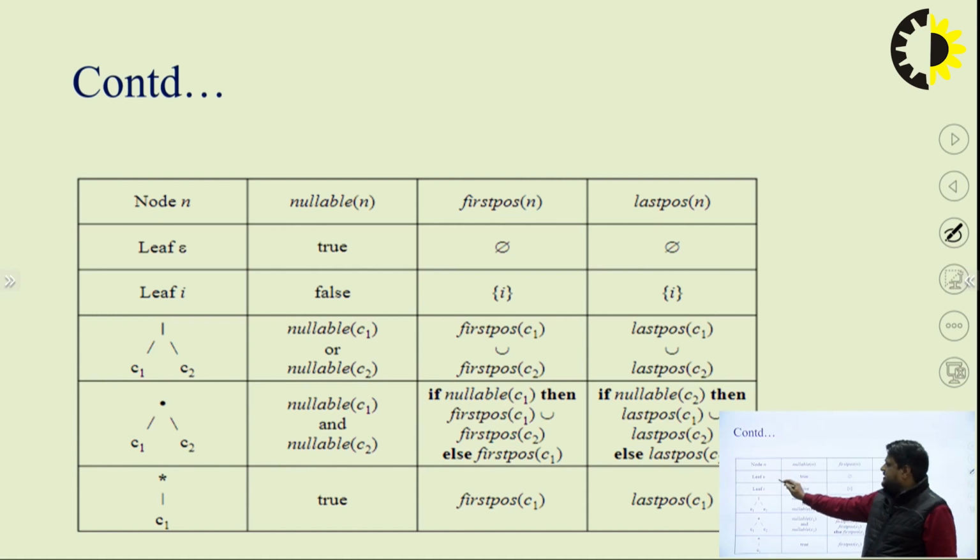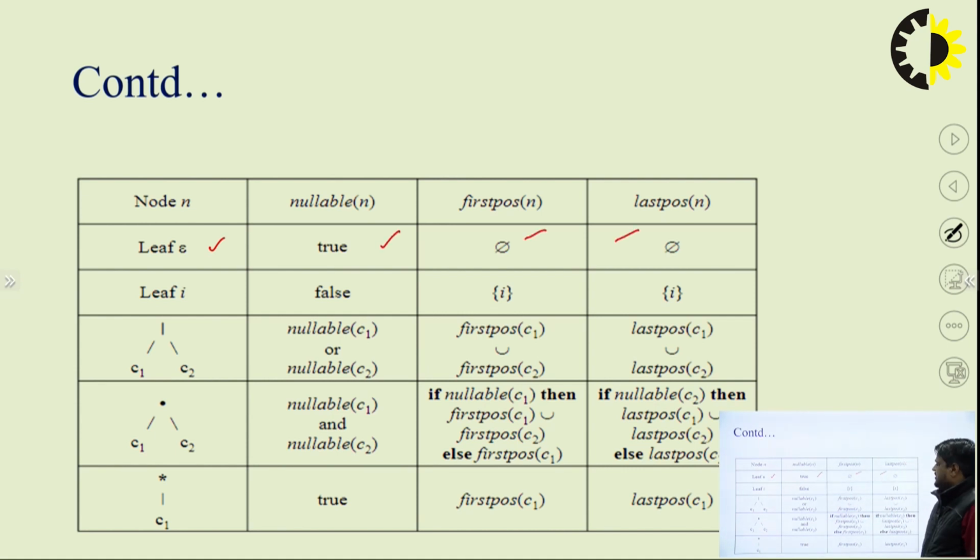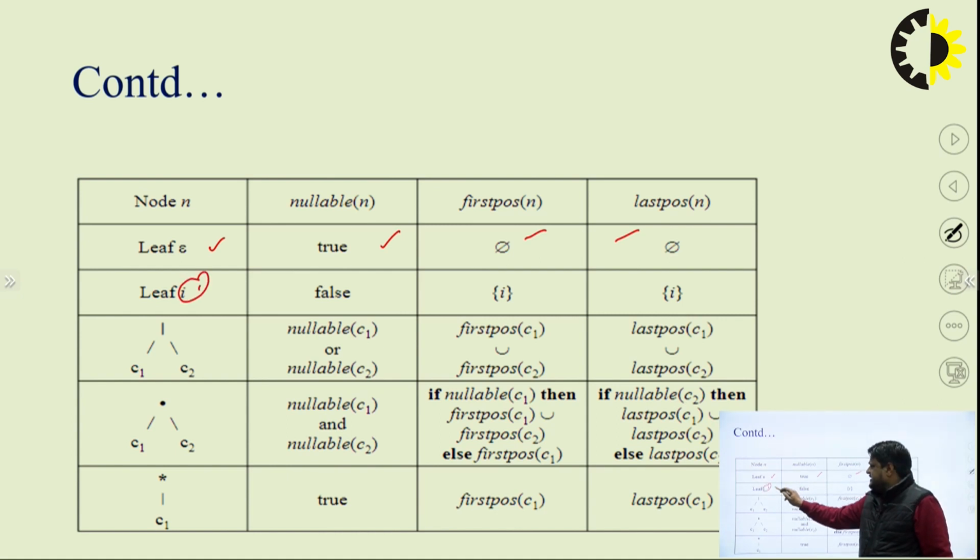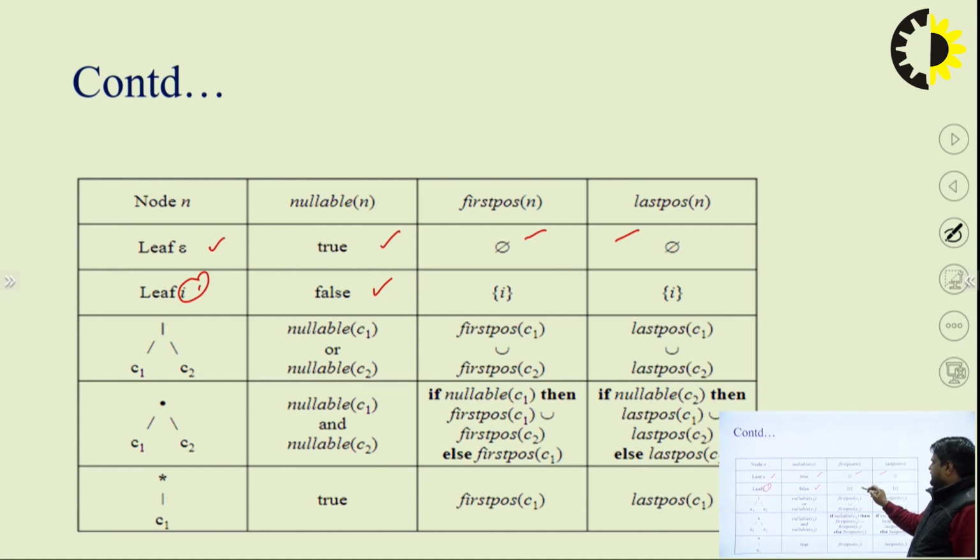So you can see a leaf containing epsilon is nullable, and the first position and last position sets are empty. A leaf node labeled with a symbol i is not nullable, and the first position is i and the last position is i.